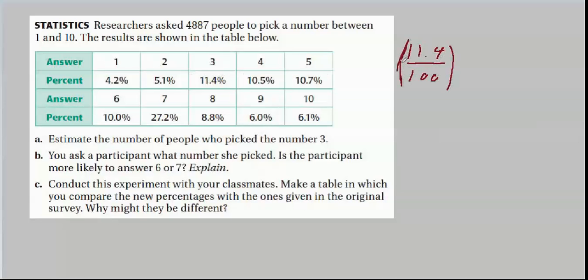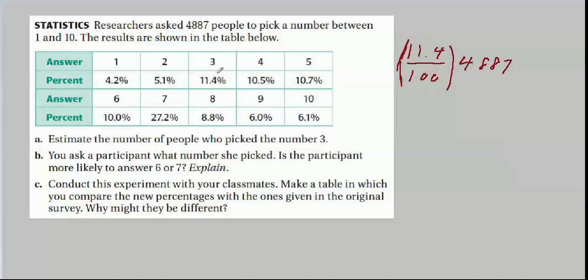Well, how many people does that represent? We say ratio, it's also the fraction of people, the ratio of the whole. We multiply that by 4,887. That should give us the actual number.